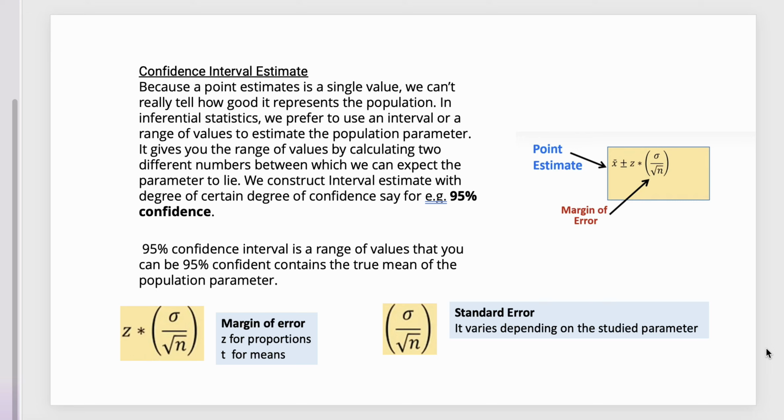We need something better. We need a range of values. That's a confidence interval. 2 numbers that we can hand them and say, the real population mean is between these 2 numbers, and I'm 95 or 99% confident of that. That's the power of a confidence interval over simply a point estimate.